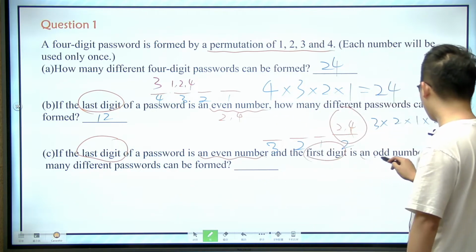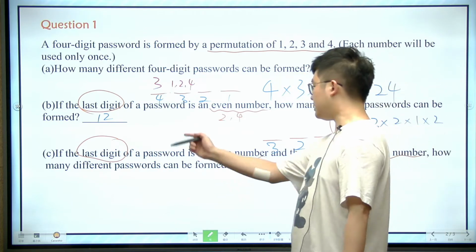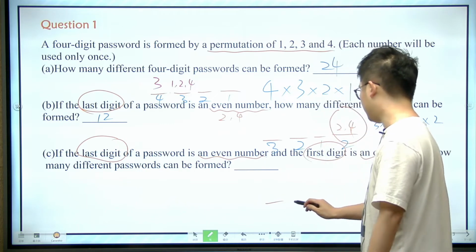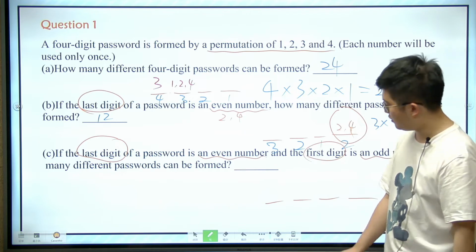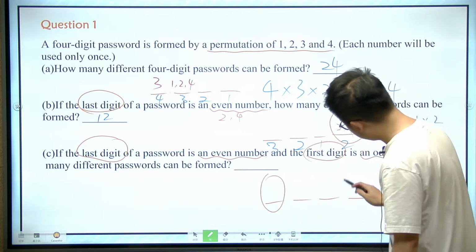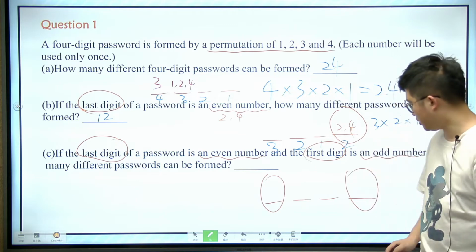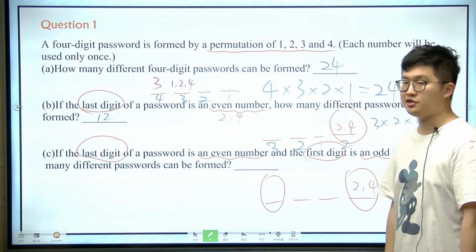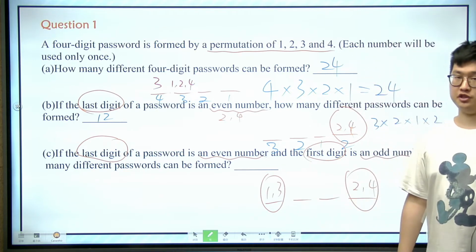How many different passwords can be formed? Still, we have 4 blanks to fill in, and the first and the last are special. We get 2 and 4 for the last digit, 1 and 3 for the first digit.